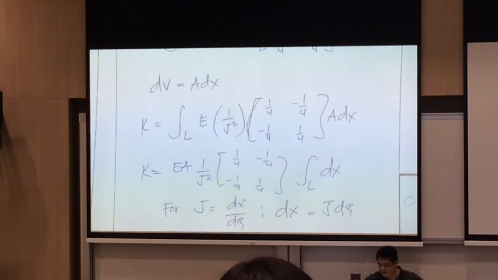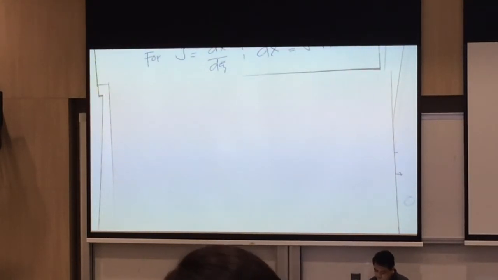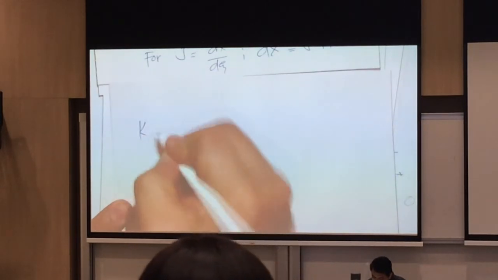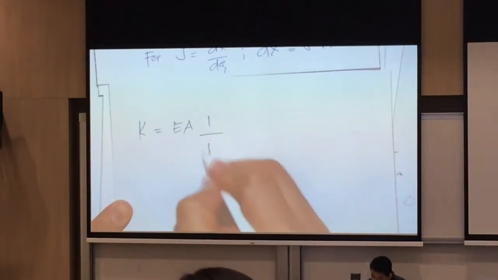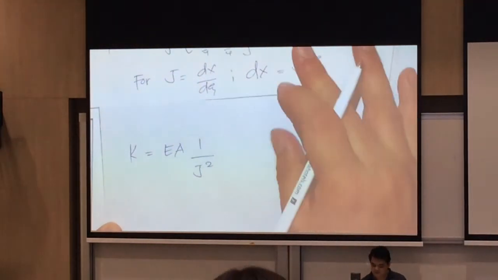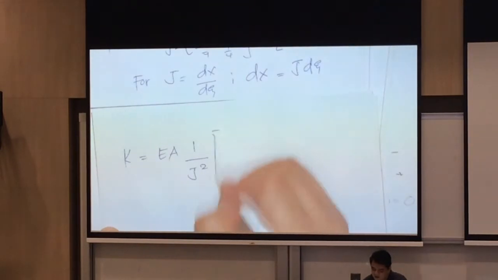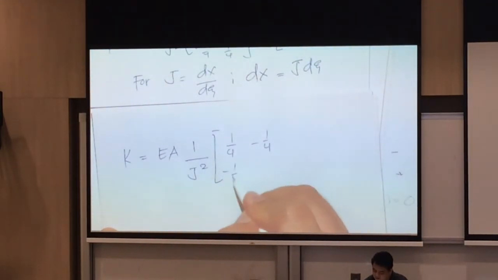So getting close, almost there. Your K is now equal to EA 1 all over A squared. And then we have here 1/4 minus 1/4.